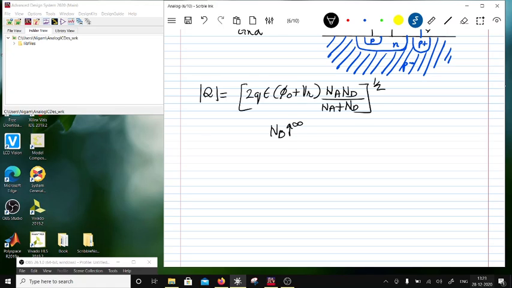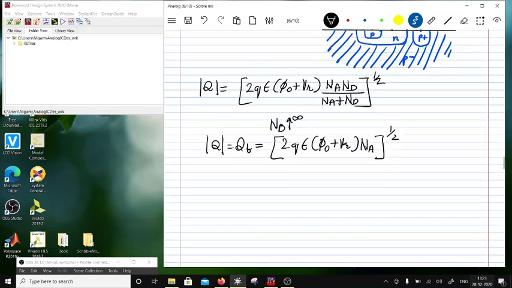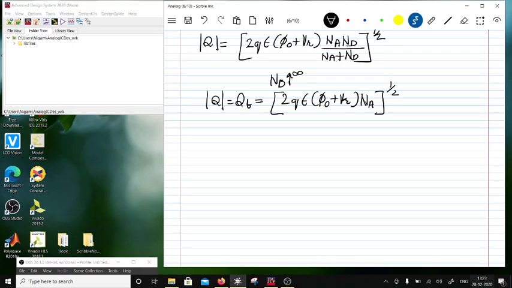In that case, this Q, which I would address as QB, is equal to the square root of 2 q epsilon (phi 0 plus VR) times, if you take ND in the denominator, all you will be left with NA. So this is the charge in case one of the sides is a metal, right?